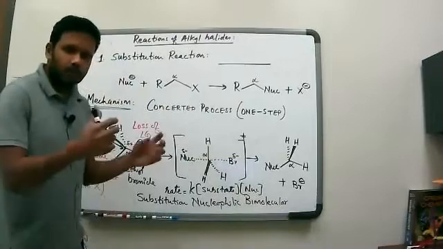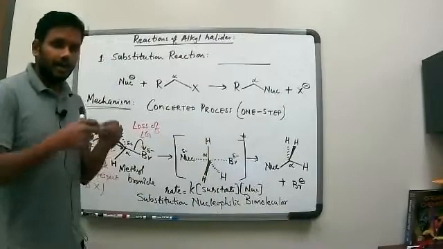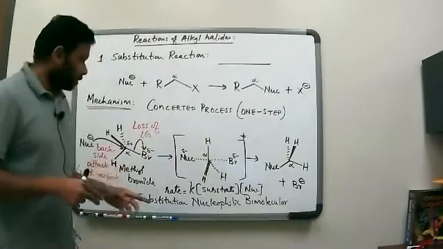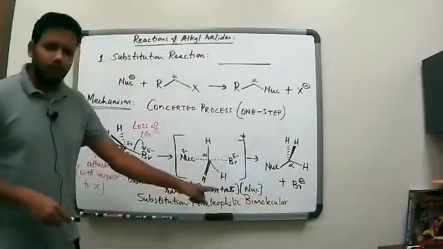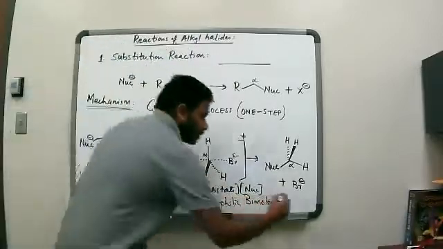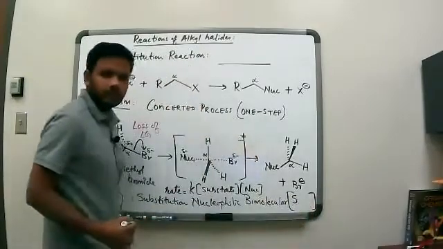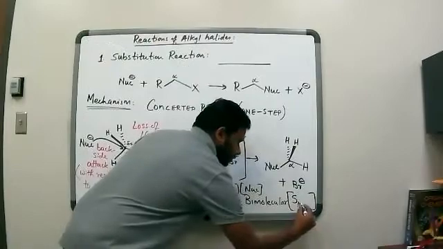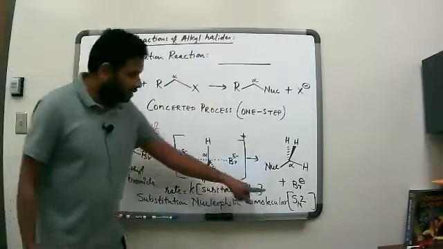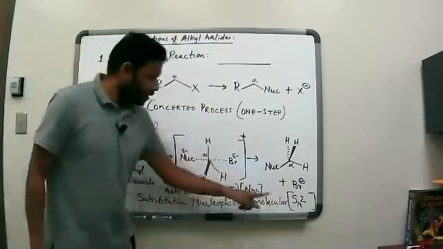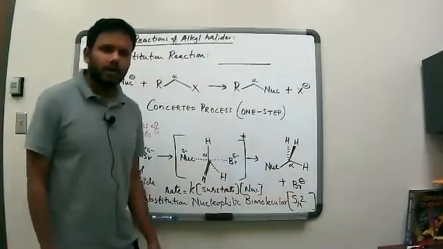That means two things have to react with each other in the rate determining step for this reaction to happen. So substitution nucleophilic bimolecular, and we write this as S with a subscript of N and 2, SN2, where the S stands for substitution, N stands for nucleophilic, 2 is for the bimolecular reaction.